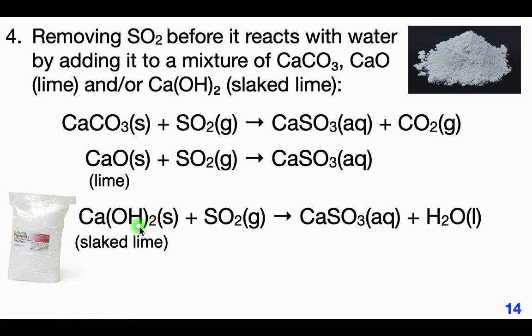And calcium hydroxide, slaked lime, forms calcium sulfite and water. So any one or any combination of these three will react with sulfur dioxide to remove the sulfur dioxide, forming the sulfite ion for each one of these. So the key idea here is we are able to remove the sulfur dioxide before it has a chance to react with water to form the acids that we've talked about.